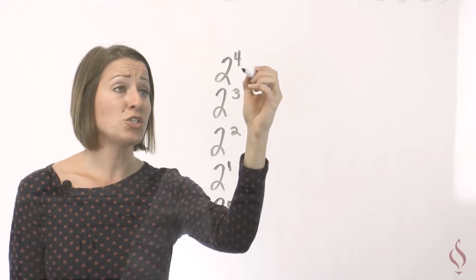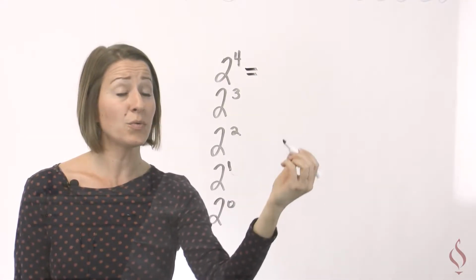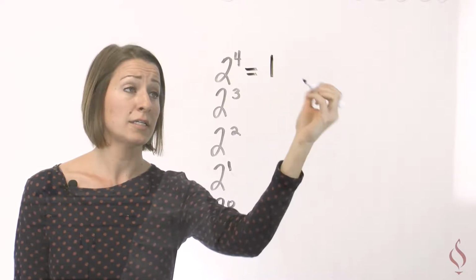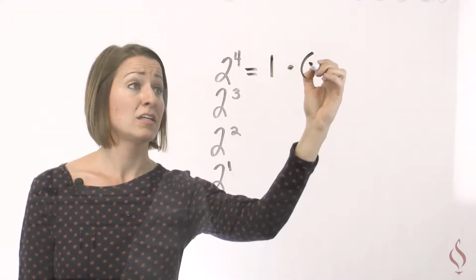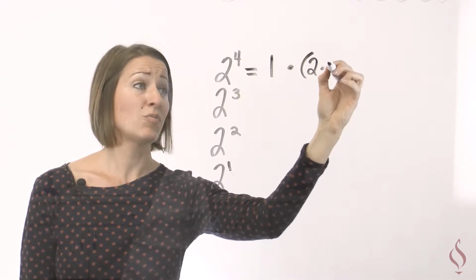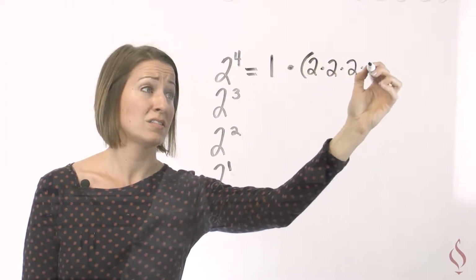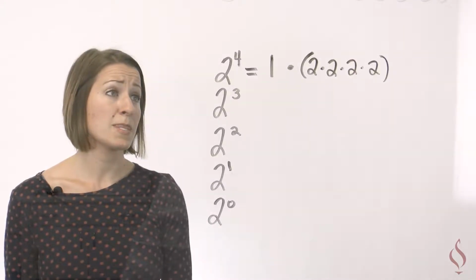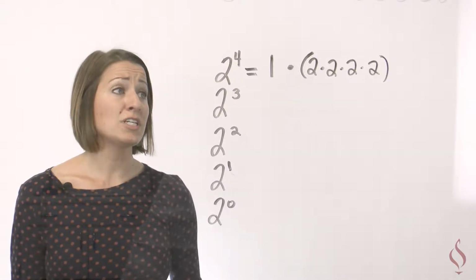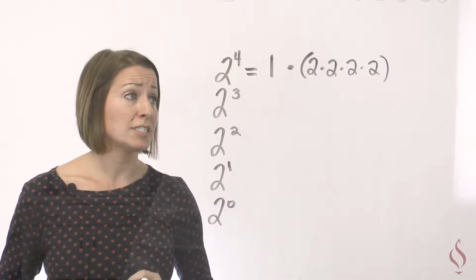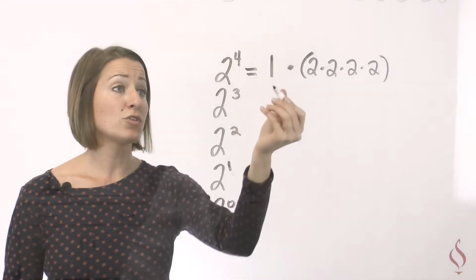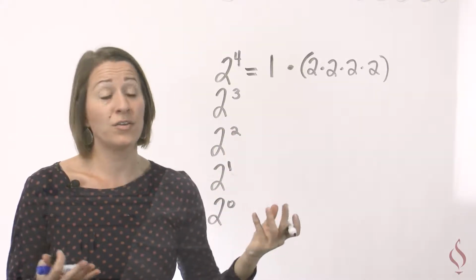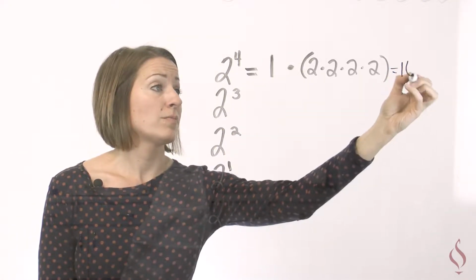I want to tell you that 2 to the 4th equals 1 times the product of 4 2's. Product means multiplication. Okay, so 2 times 2 is 4, times 2 is 8, times another 2 is 16. And of course, times 1 doesn't change the value. So this problem is 16.